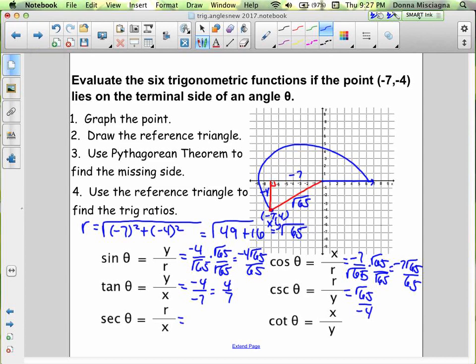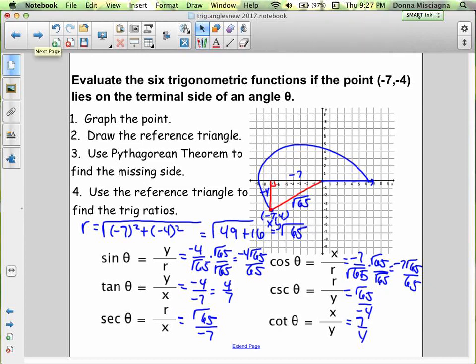Secant, reciprocal of cosine. So that's going to be square root of 65 over negative 7. And cotangent, the reciprocal of tangent, is 7/4. And there we go. And again, tangent and cotangent were positive. And everybody else is negative.